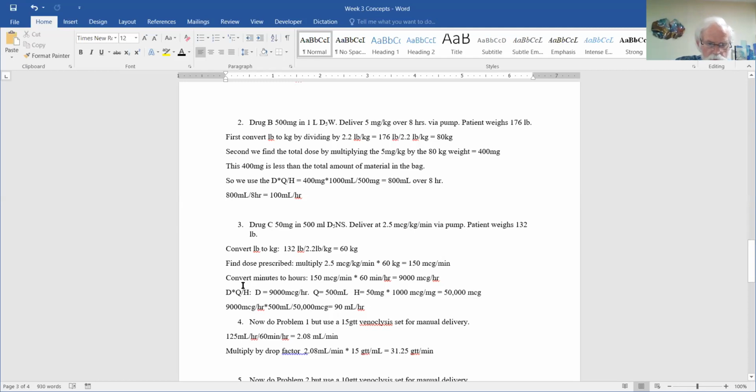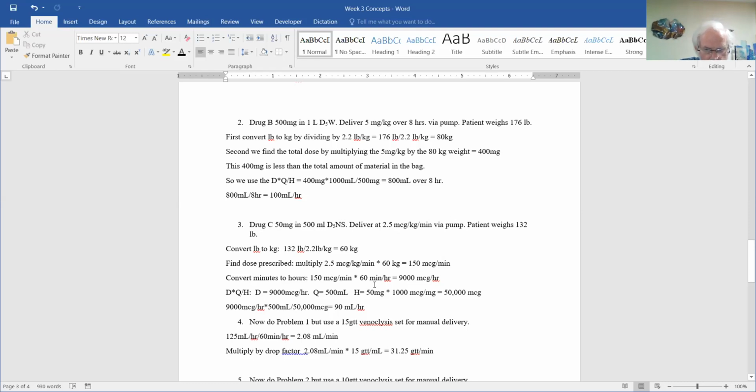So now if we use dose prescribed times the quantity divided by dose on hand, we've got 9,000 micrograms per hour. That's the dose prescribed. That's not what it says here, but we've calculated that that's what it turns into. Okay. So we've got 50 milligrams of this drug in 500 milliliters of, in this case, dextrose 5% normal saline.